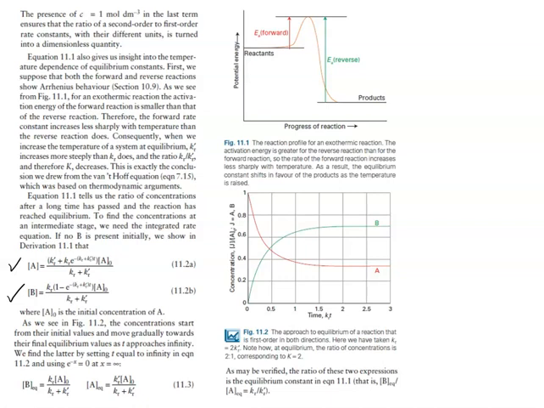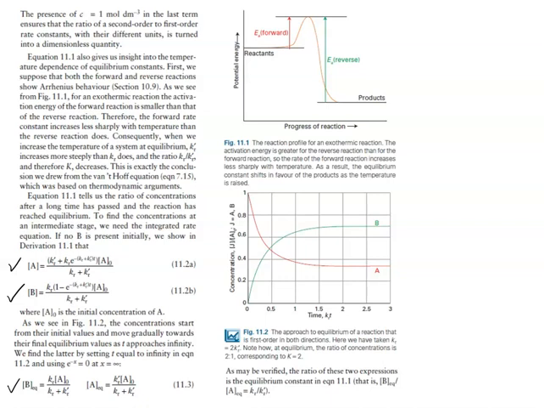We find the latter by setting t equal to infinity in equation 11.2, and using the following assumptions we can determine equations 11.3, which now relate the concentration of product B at equilibrium to the initial concentration of A times K over the sum of K plus K prime.